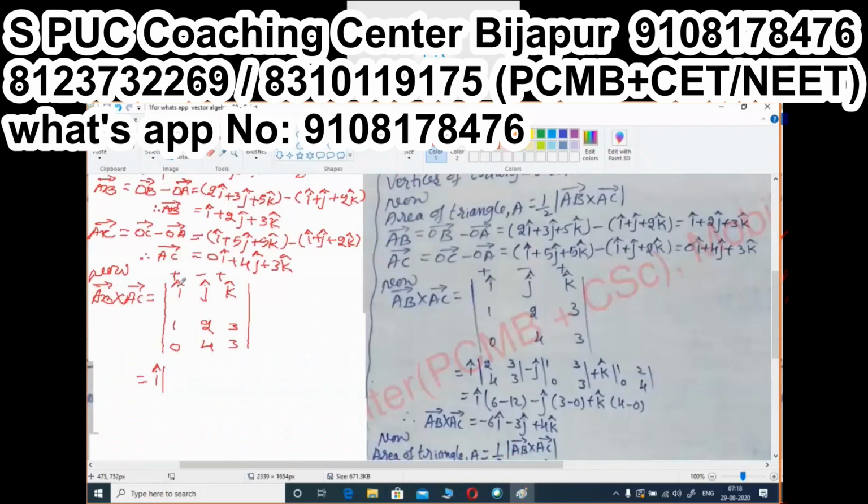That is I cap of determinant. So you leave this row and this column, and write the remaining elements. They are 2, 3, 4, 3.